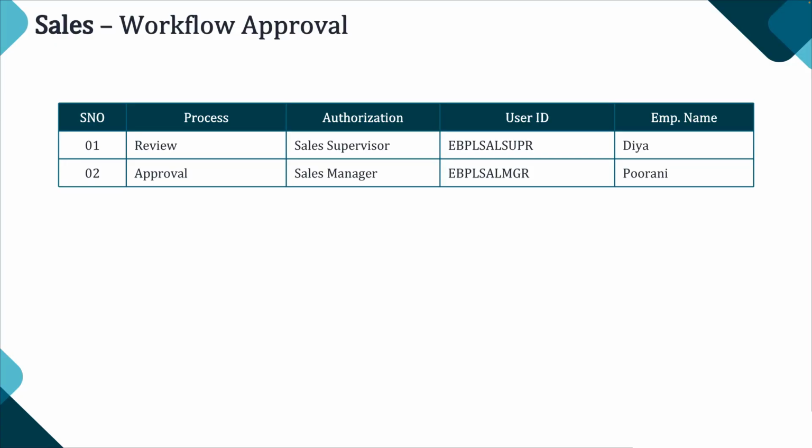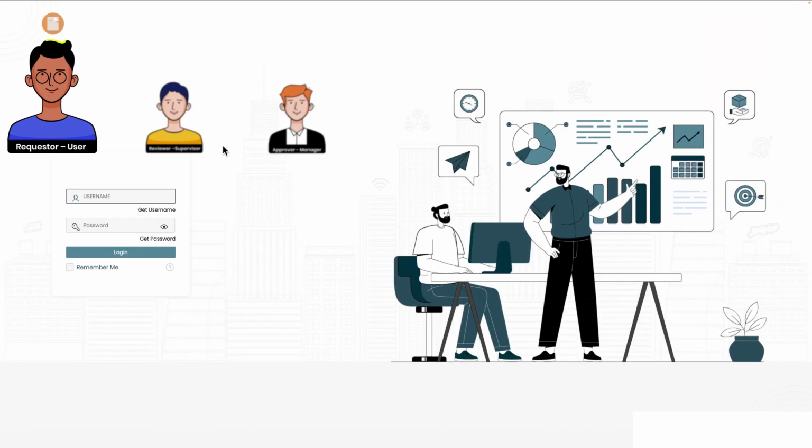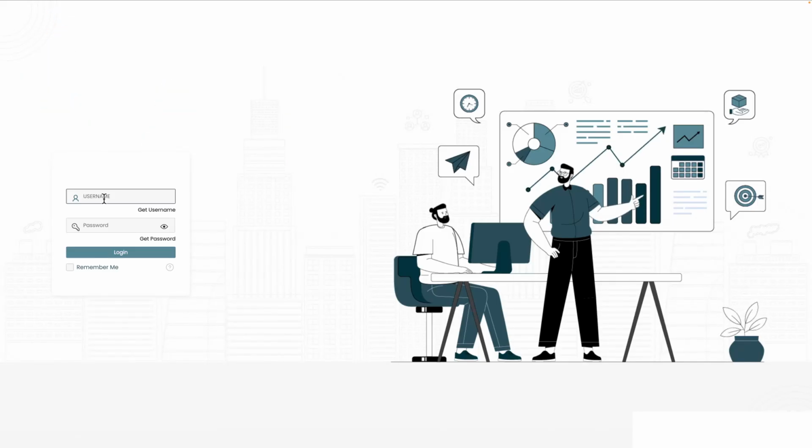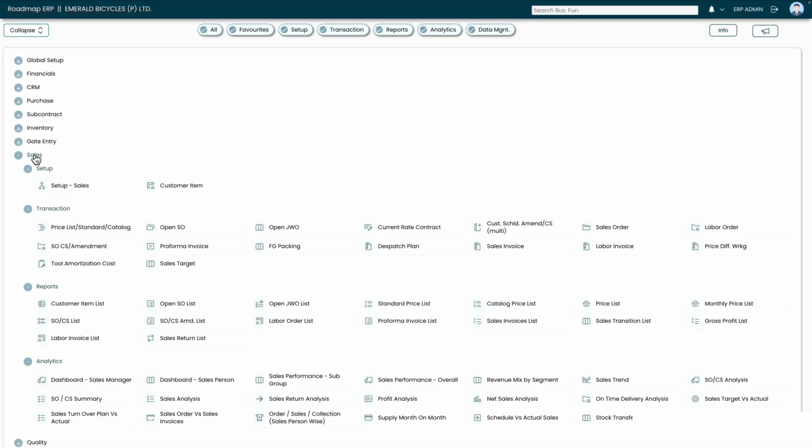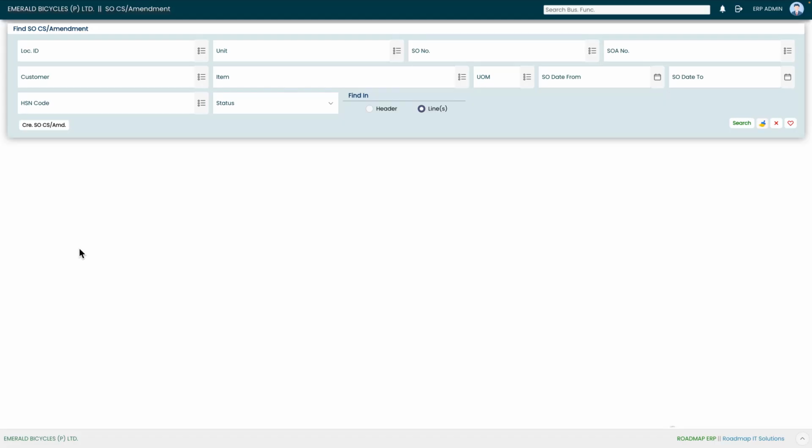So now let me show you how we are going to proceed in our ERP. And so this is the login page. Enter your username and password. Now click on login. Now click on sales, add transaction, navigate to your sale order and customer schedule amendment and close chart.